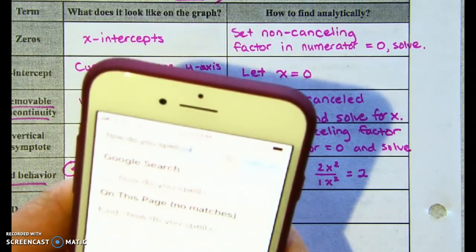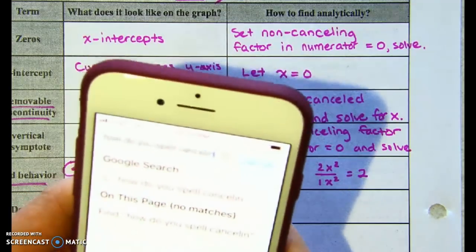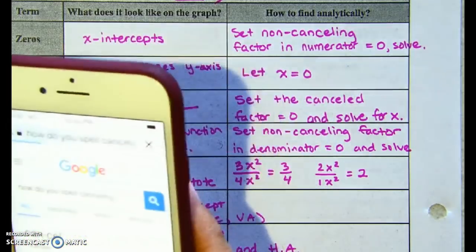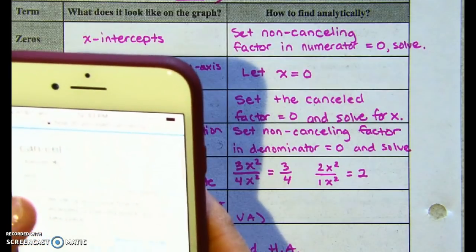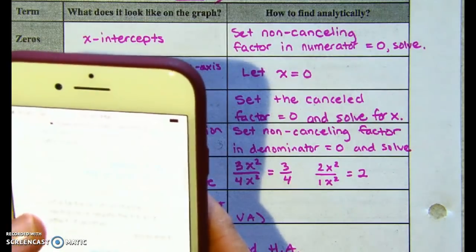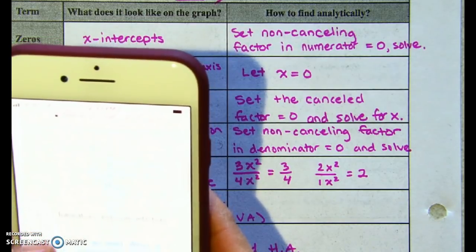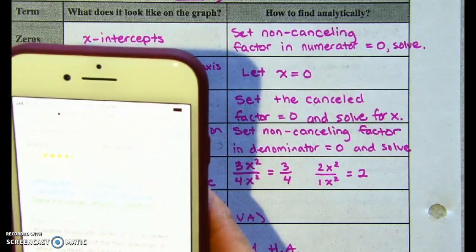How do you spell canceling? That doesn't look right. The 2 L's just doesn't look right, does it? Cancel versus cancel. Canceling or canceling? When is the L doubled? I'm confused.